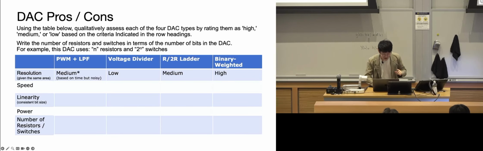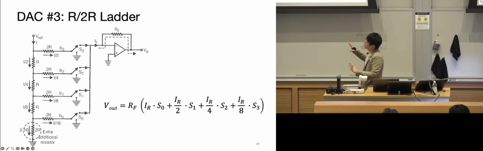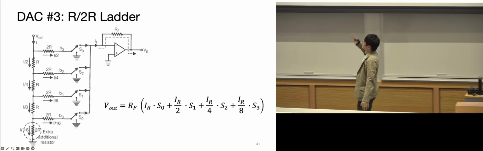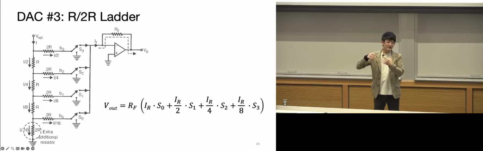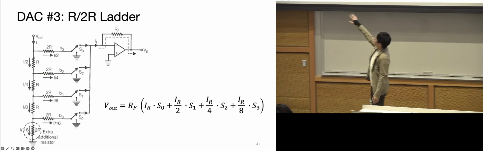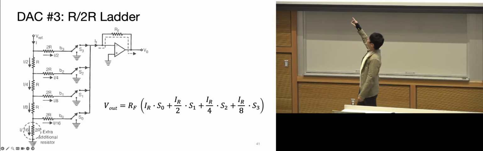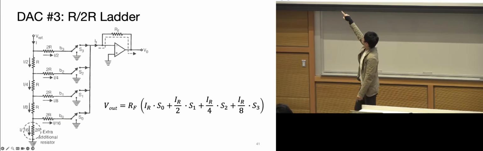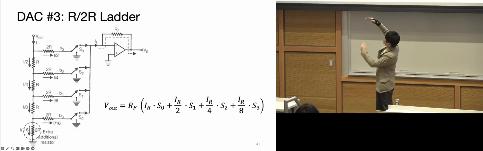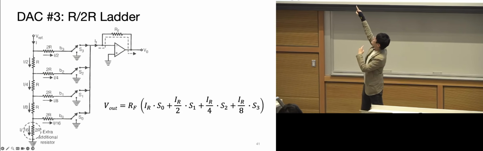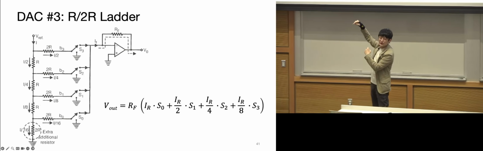Speaking of which, when I was walking around, I think there was some confusion about how these values are being selected. If you remember how parallel resistors get added together, the 2R and 2R added here became an R, and then this R and this R divided everything in half. So essentially at each of these spots, everything down below added up to be 1R, and that divided whatever current flows through by half.